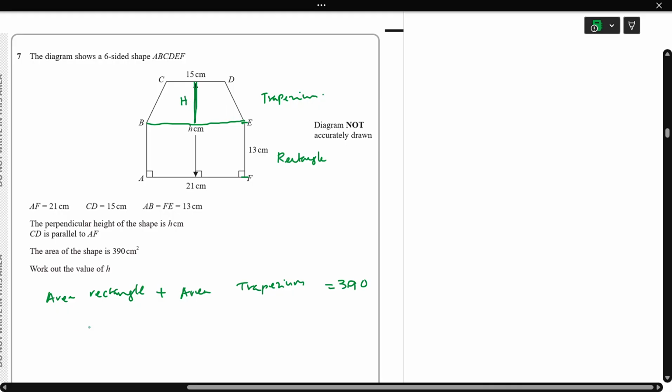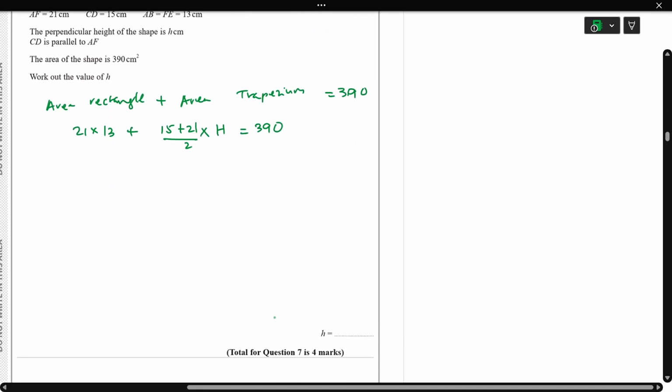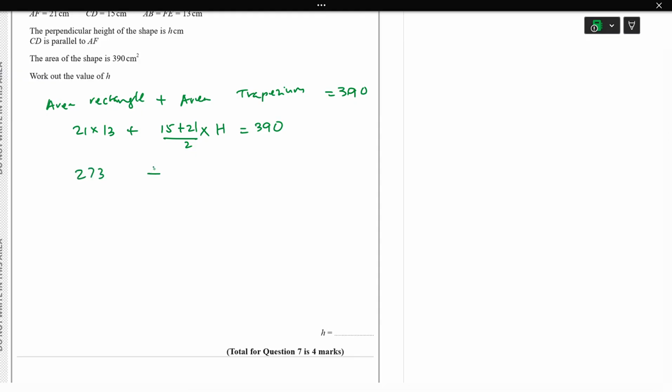Okay, area of a rectangle is going to be 21 times 13, plus area of a trapezium, parallel sides 15 plus 21 over 2 times height, equal to 390. Then when we multiply, we'll get 273 plus 36H over 2 equal to 390.